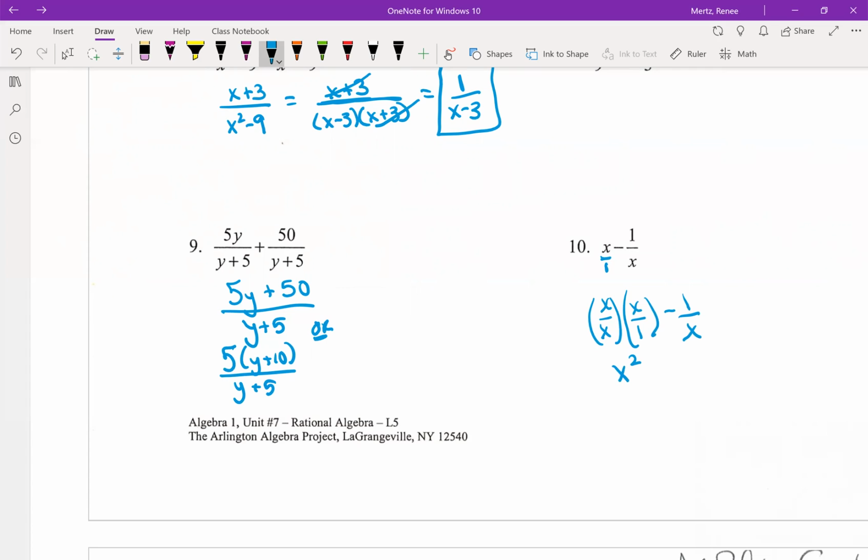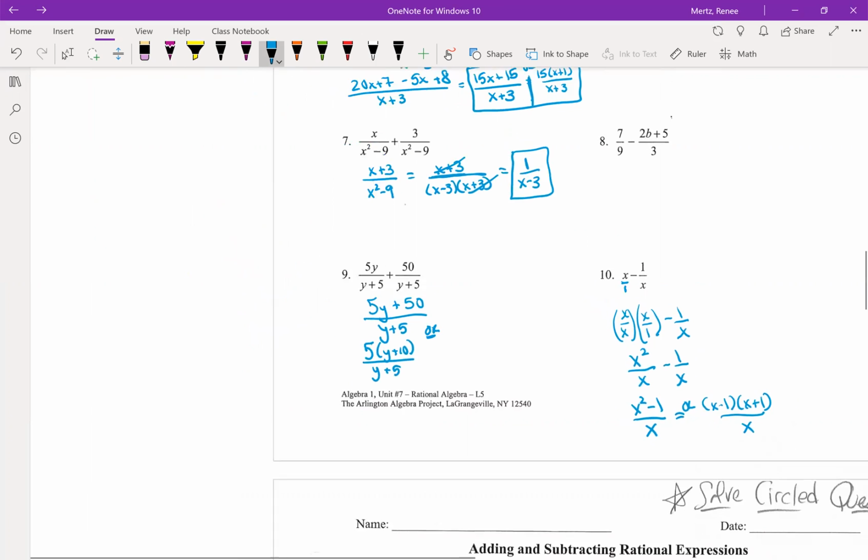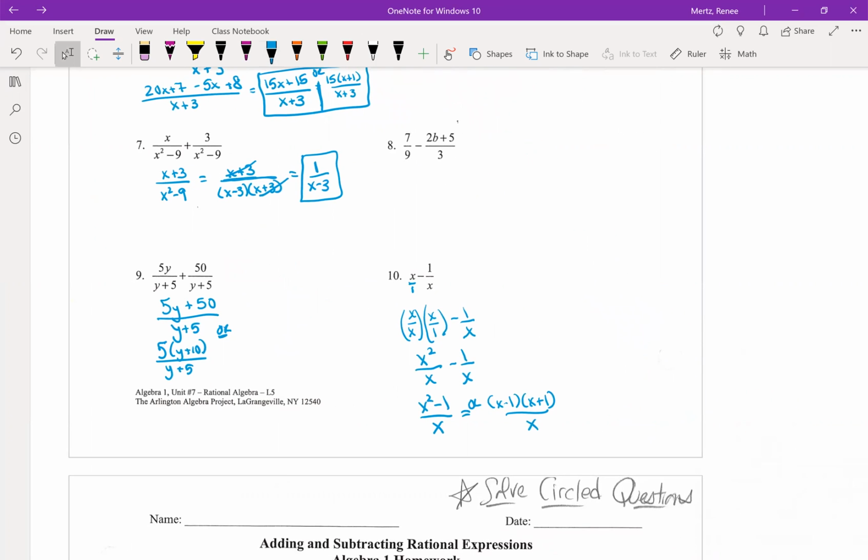So it's x squared over x minus 1 over x. So it's x squared minus 1 over x, which you can keep like that, or you can call it x minus 1 times x plus 1 over x. Either one is fine. So just be careful when you're subtracting.